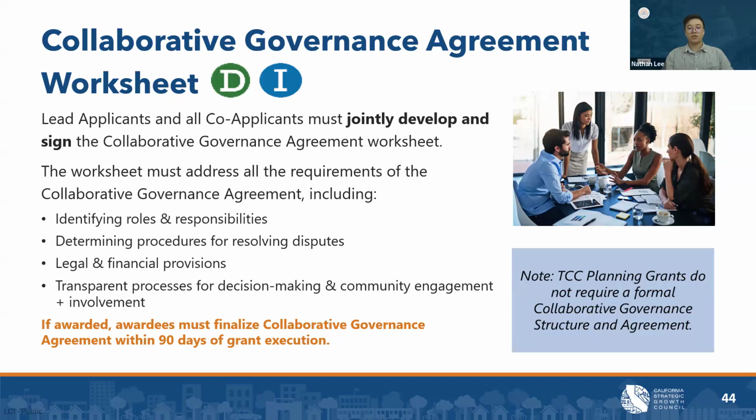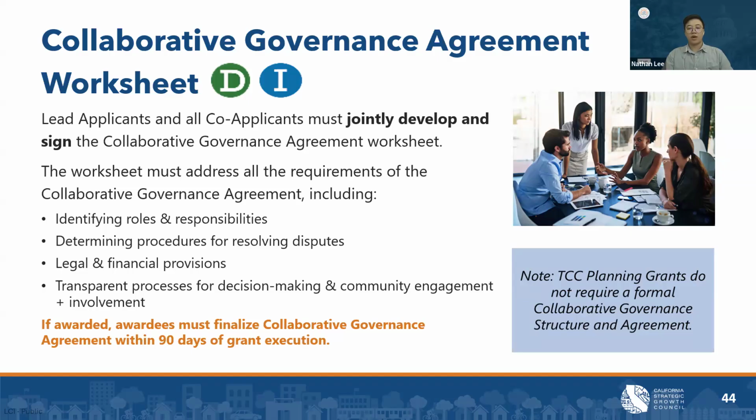This worksheet is a tool meant to help applicants establish the procedures, norms, and expectations for all parties involved in the grant. In the worksheet, applicants will identify roles and responsibilities for partners, residents, and community members. Applicants will describe the plans for creating governance procedures such as dispute resolution, legal and financial provisions, transparent decision-making processes, and more.